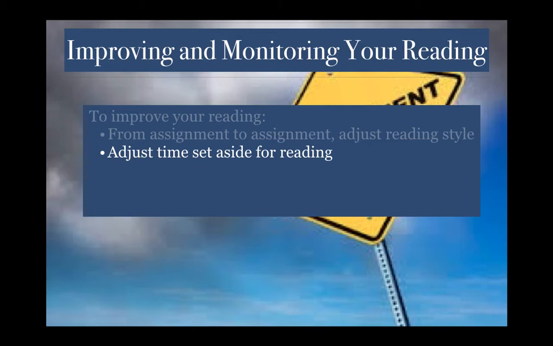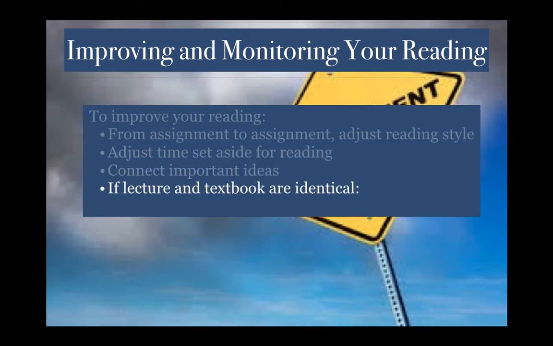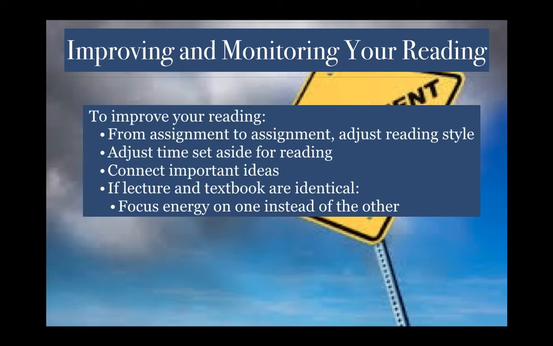Think about how much you want to read, and make sure that you give yourself enough time. You've got to make sure that you connect the important ideas. And if the lecture and the textbook are identical, you've got to focus your energies on one instead of the other. Or sometimes you can combine.